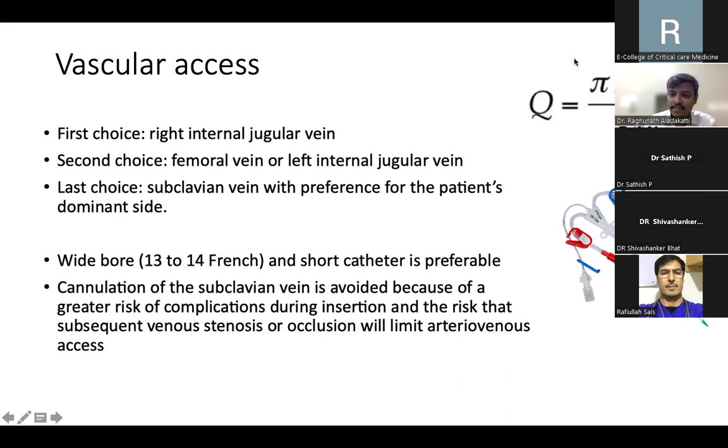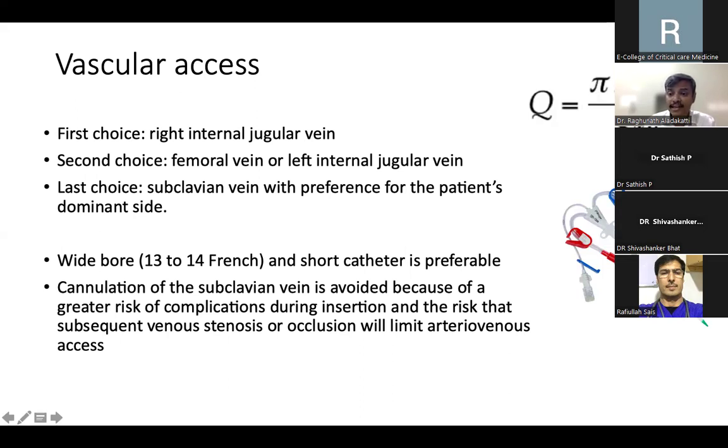This same principle is used in resuscitation. We have to use wide bore cannulas rather than narrow cannulas. If I ask you which is the resuscitation line, an 18 gauge or 16 gauge cannula or a central line, we always think 18 or 16 gauge cannulas are better resuscitation peripheral lines rather than a central line because of the wide bore.